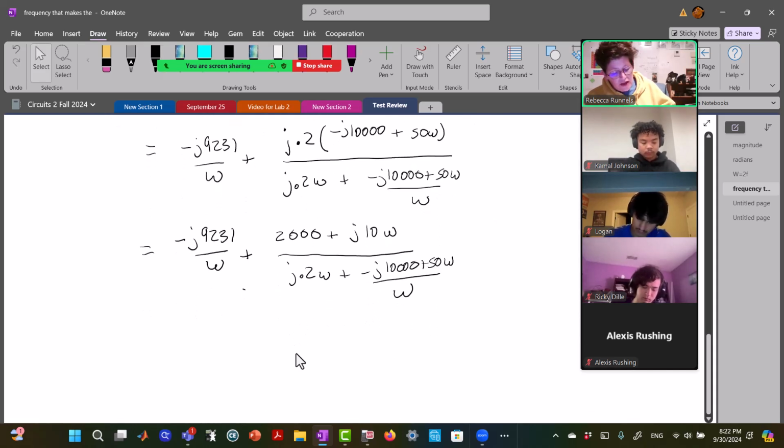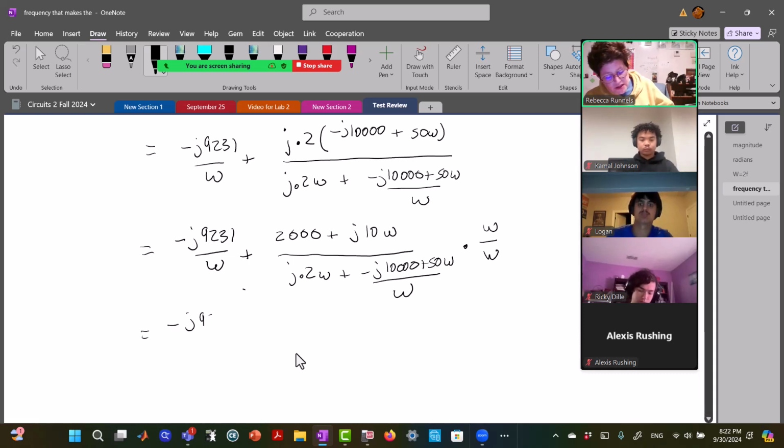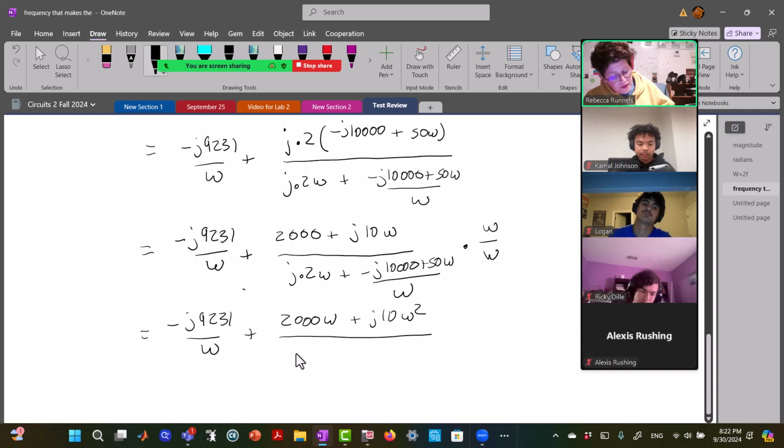Now, I don't like this complex fraction over here, so I'm going to multiply by omega over omega, and that gets me minus j9231 over omega plus 2,000 omega plus j10 omega squared over j0.2 omega squared minus j10,000 plus 50 omega.